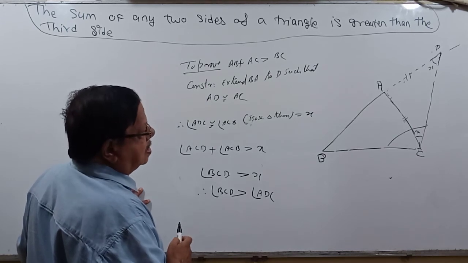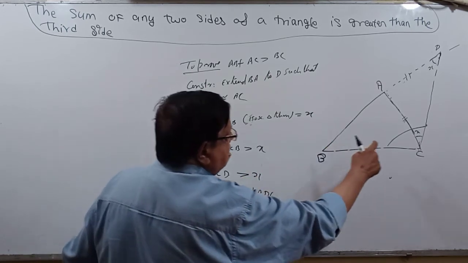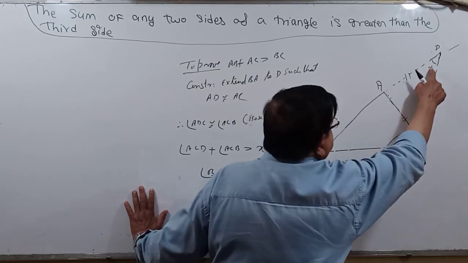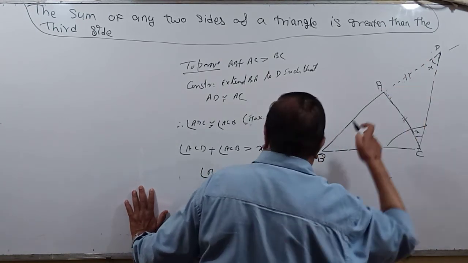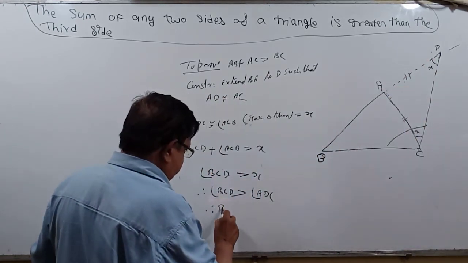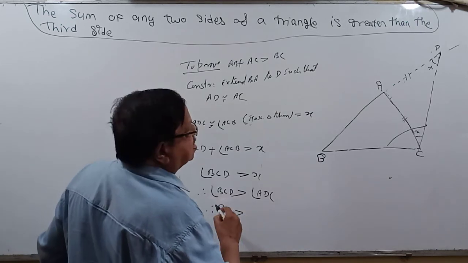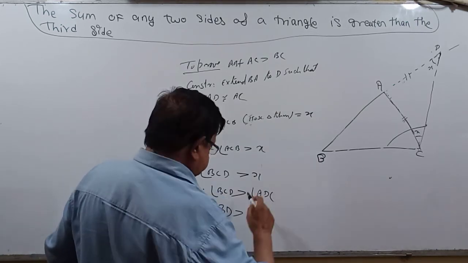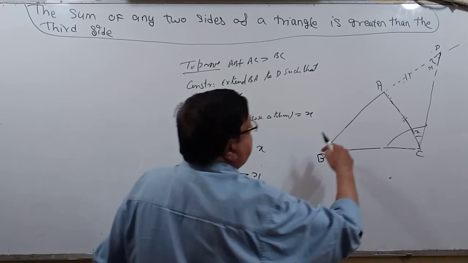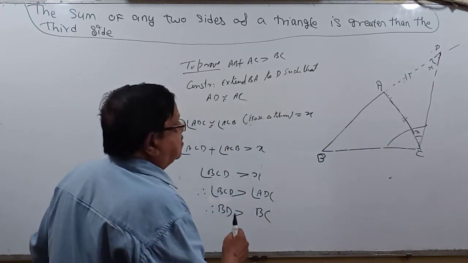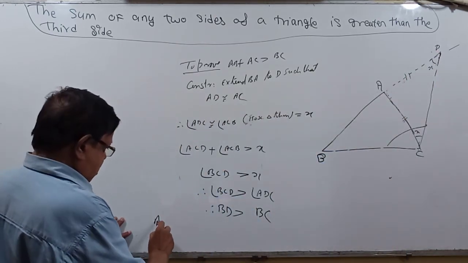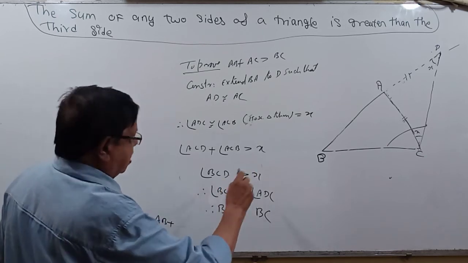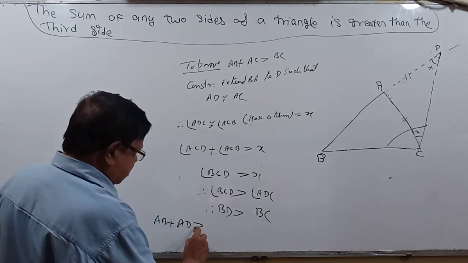Therefore, this angle is greater than this angle, so BD is greater than BC. And what is BD? AB plus AD is greater than BC.